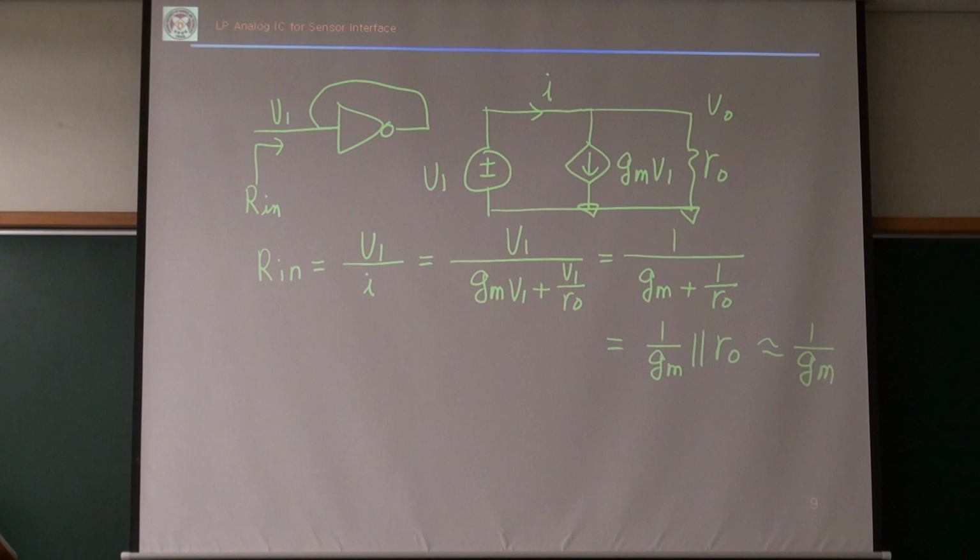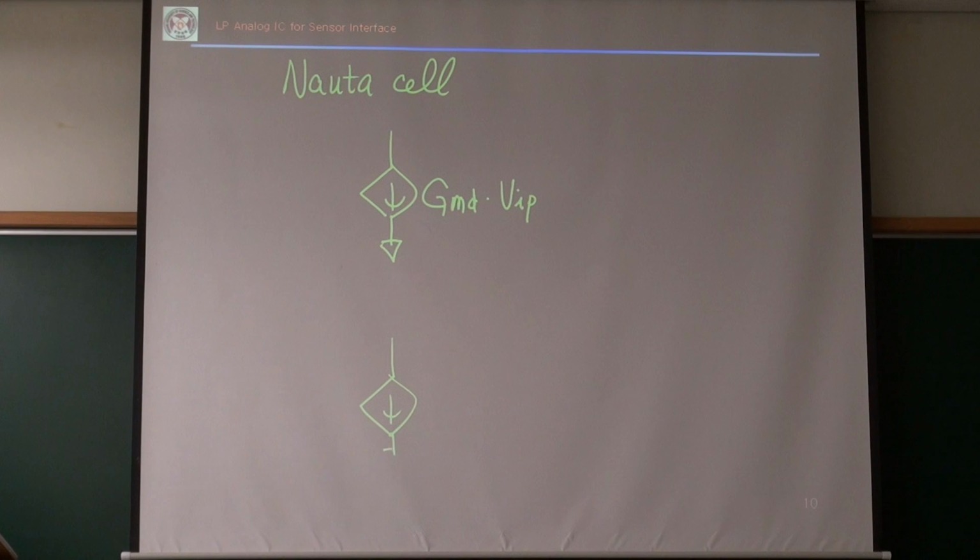Then we can complete a small signal equivalent circuit of a NOTA cell. Let's see, I have gm, this is the driving transistor of the inverter, driving transistor VIP, and then I have another one, gmD, and then I may have ro driver.